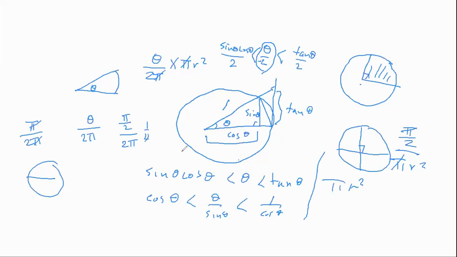Now let us flip each one of them upside down. It will be cosine theta, right? It will be greater than sine theta over theta, right? And this will be greater than 1 over cosine theta. If we flip, this will be 1 over cosine theta, and this will be cosine theta.